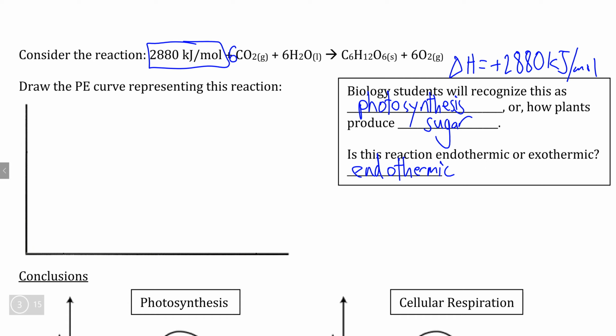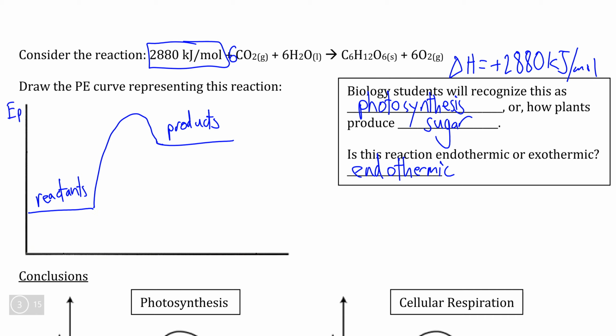of being potential energy of products minus potential energy of our reactants, if our delta H value is positive, that must mean that our products must have a higher potential energy than our reactants do, and we can complete the graph by filling in the characteristic arch like this, and we can put in our variables, potential energy in kilojoules on the y-axis, and some variable of time on the x-axis like so.